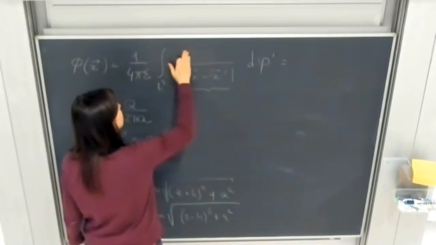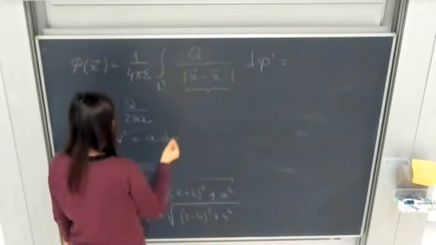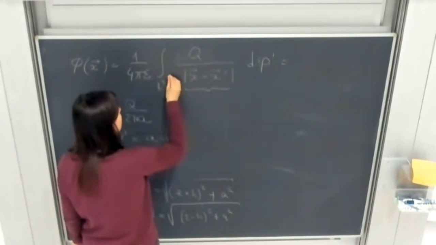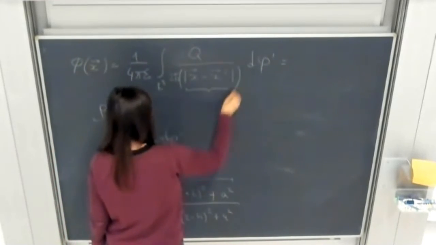This is Q. A and A are gone, and then here 2 pi and R.